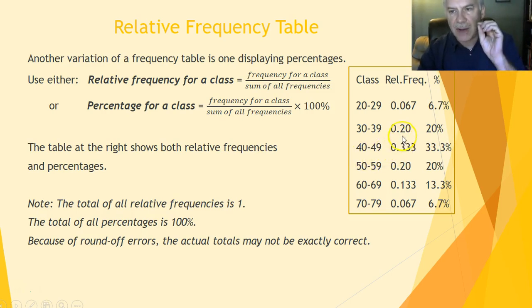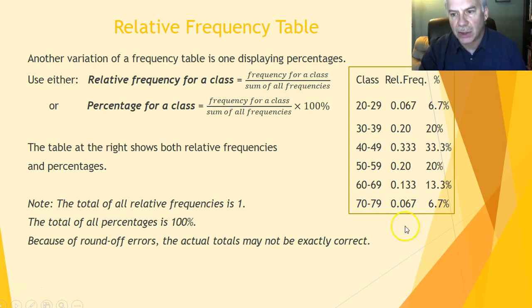So you divide 5 by 15, and you get 0.3333, and that converts to 33.3% as a percentage. And then the next class was 3 numbers, so 3 out of 15 is 0.2, and you get 20%, etc. So that's how to complete the relative frequency table.